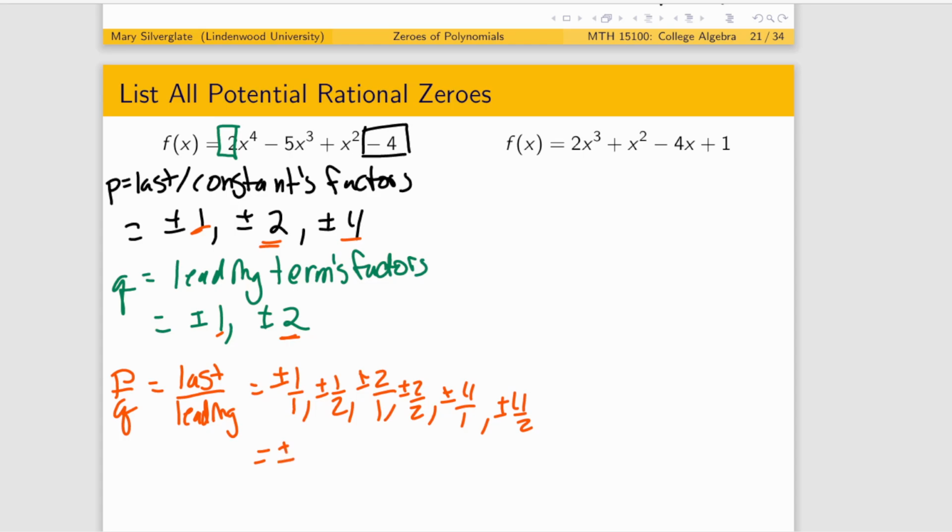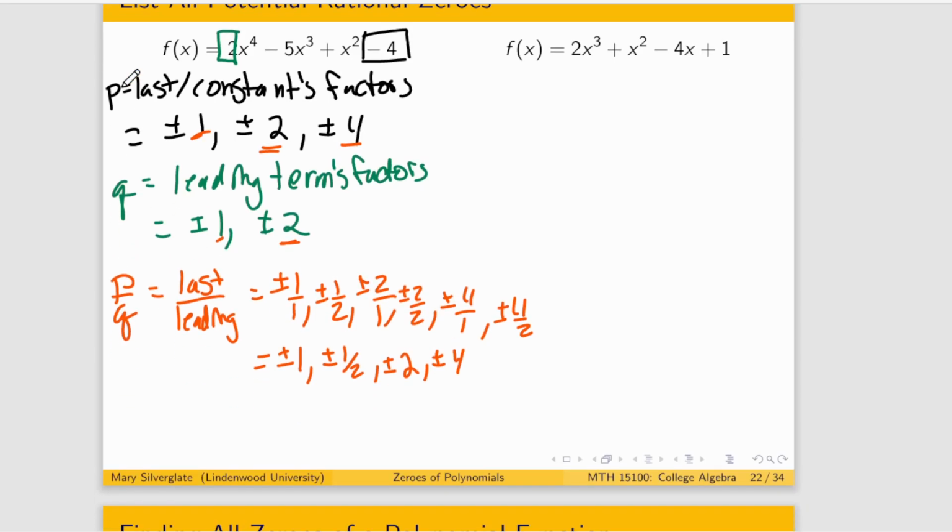So 1 divided by 1 is 1, 1 divided by 2 is a half, 2 divided by 1 is 2, 2 divided by 2 is also 1, and we already wrote that down. 4 divided by 1 is 4, 4 divided by 2 is also 2, and we already wrote that down. Which, if plus or minus is not a notation that you want to use, that means we found out the only rational zeros, which are basically saying the only zeros that can be written as nice, clean fractions.